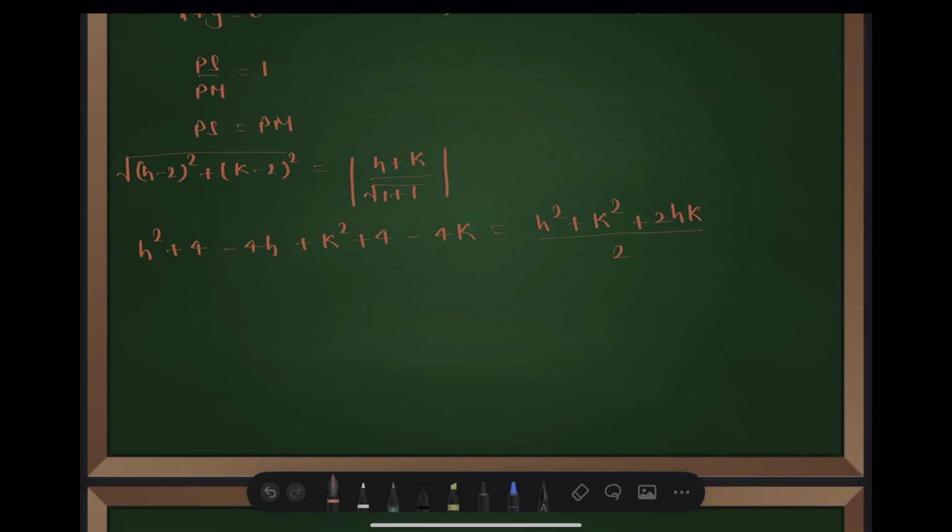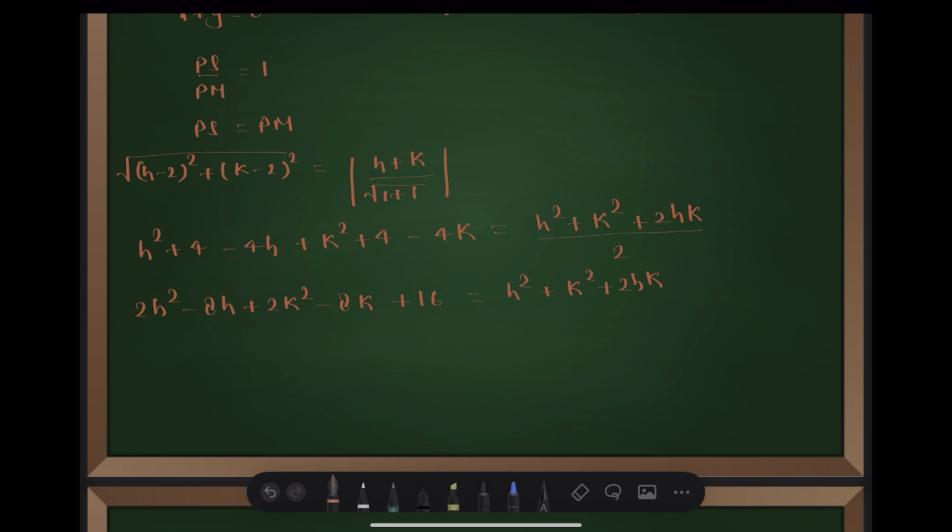Okay, let's cross multiply and simplify things. So it is 2h squared minus 8h plus 2k squared minus 8k plus 16 is equal to h squared plus k squared plus 2hk.